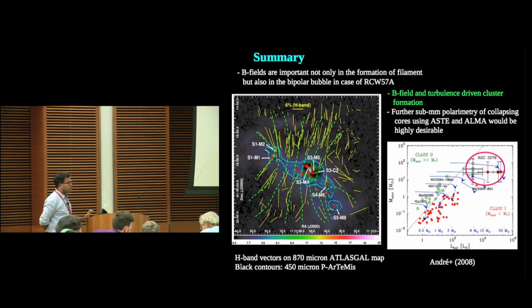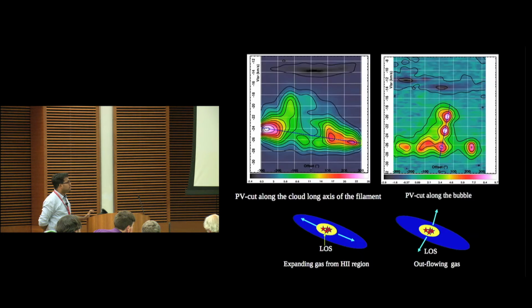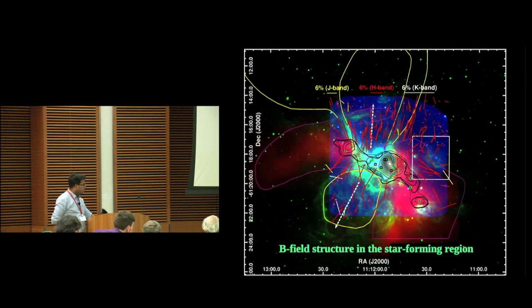But in your case, you must have careful modeling, which takes into account the understanding and theory of grain alignment. Then you can say whether this is real, or maybe it's only the outer shell that has aligned grains.